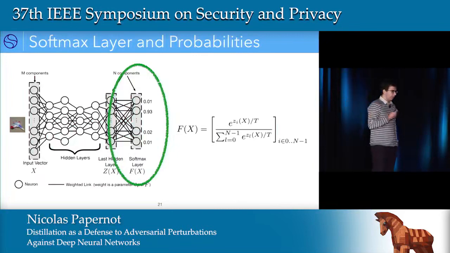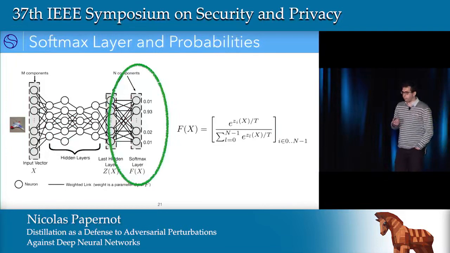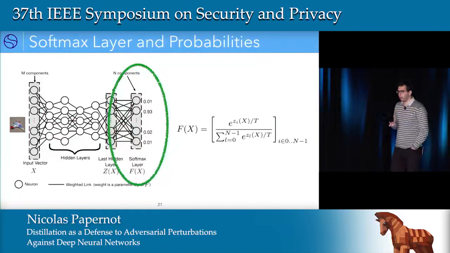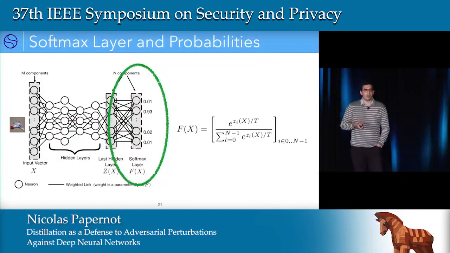And what this parameter does is that when you set a low temperature, the probabilities will be extremely discrete, so you will make confident predictions. However, if you increase the temperature, the probability vector will smooth out and converge towards 1 over the number of classes. So typically, people will set the temperature to 1 because they want to make confident predictions.